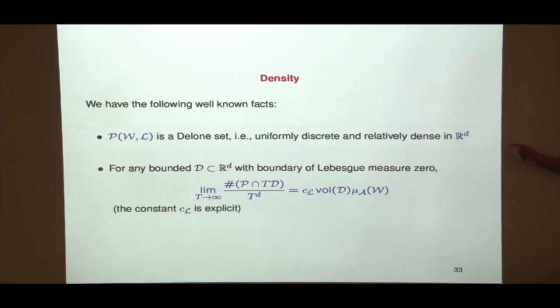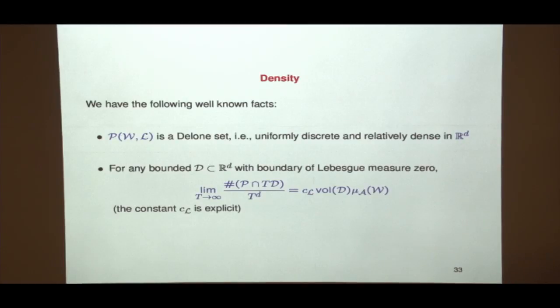So the features of such a cut and project set: it's a Delone set, so it's uniformly discrete and relatively dense in R^d. Uniformly discrete means that no points can get arbitrarily close to each other. So when you have a Poisson process, that wouldn't be uniformly discrete, for example.